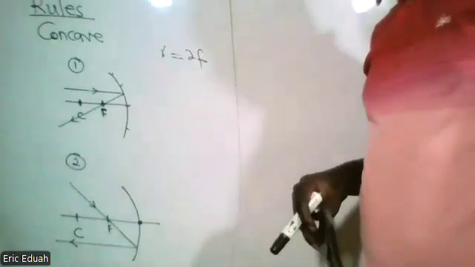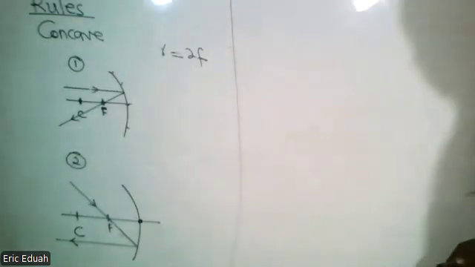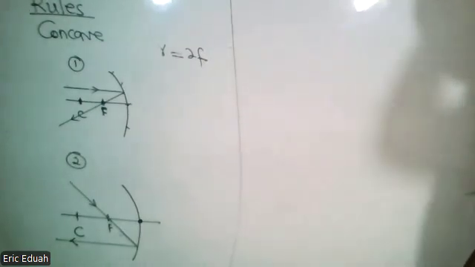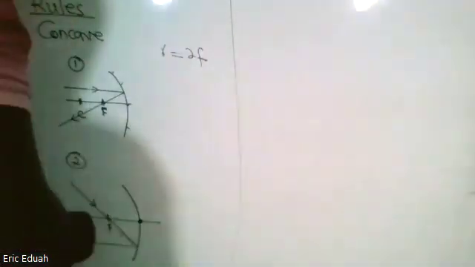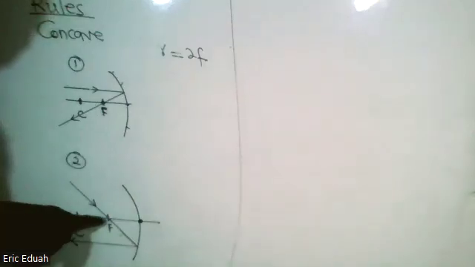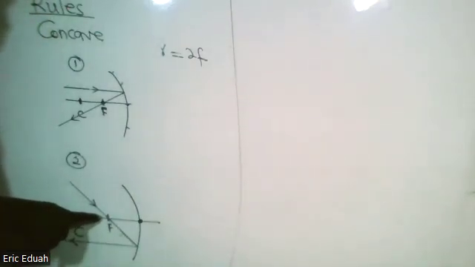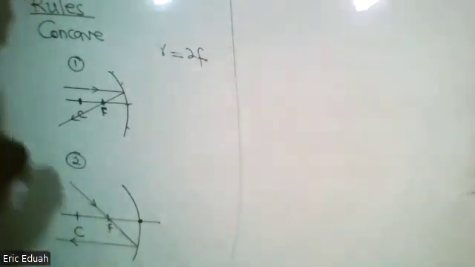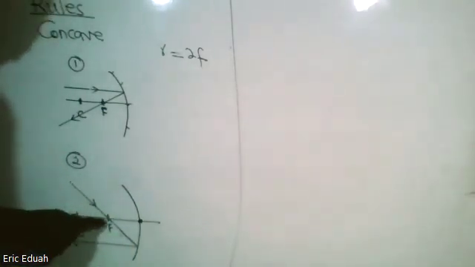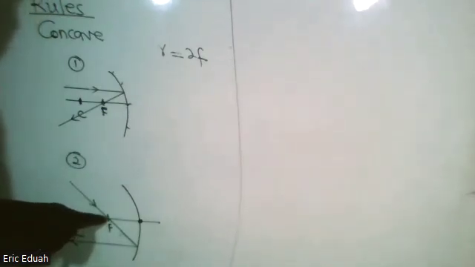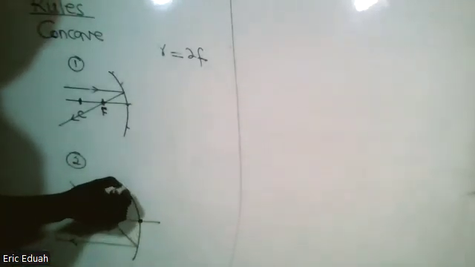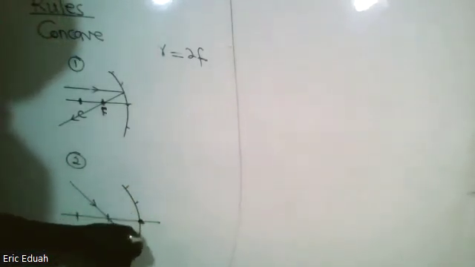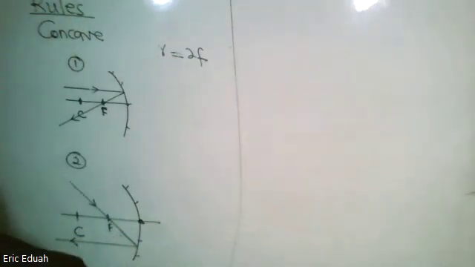Okay, rule 3. Mamiya, please, can you come again with rule 2? Mamiya, rule 2 is that a ray of light coming from the principal focus or passing through F, or when the ray is directly coming from F, after it is reflected from the mirror, the reflected ray must be parallel to the principal axis.